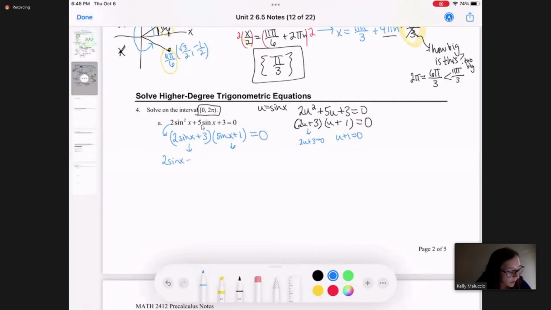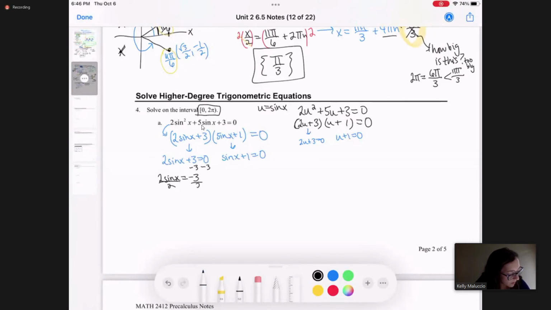So 2 sine of x plus 3 equals 0 and sine of x plus 1 equals 0. I shouldn't skip steps. I subtract 3 from both sides, so I get 2 sine x equals -3.